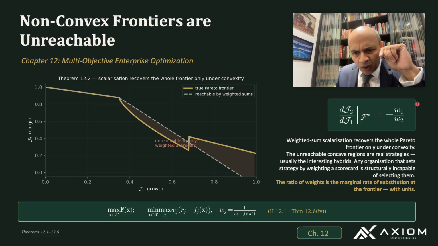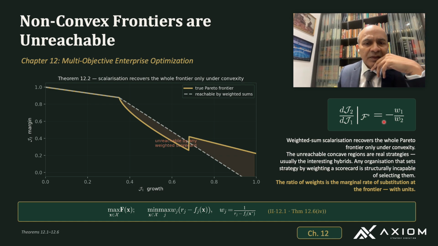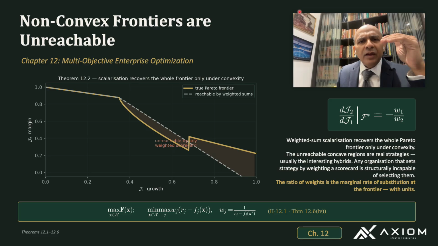The ratio W1 to W2 tells us the marginal rate at which the enterprise is willing to trade objective J1 for objective J2, or J2 for J1, at that efficient point. The negative sign means improving one objective generally requires giving up some other objective.